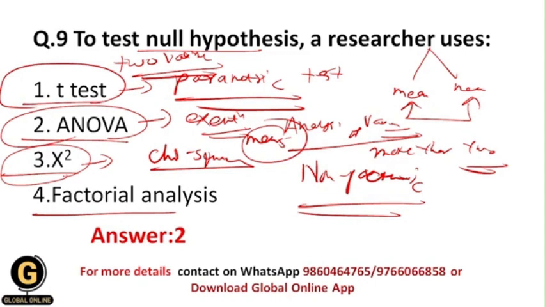And what is factorial analysis? So basically factorial analysis is the technique by which we reduce a large number of variables into smaller variable factors, and that's why it is called a factorial analysis. So your correct answer for this question should be 2, okay.